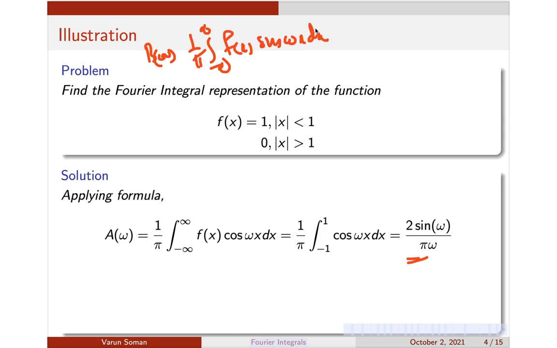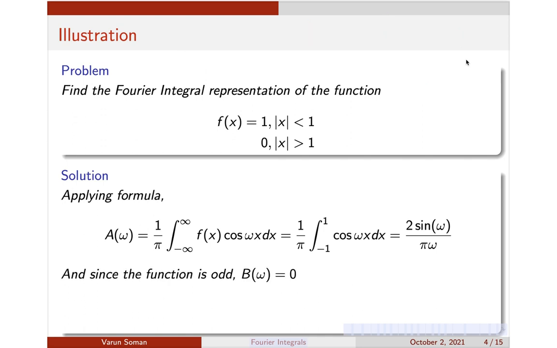Your f of x is only from minus 1 to 1, so it will be simply 1 by pi into integral minus 1 to 1 sine omega x dx, and sine is an odd function, so it will become 0 there. Or else you can also compute it directly, then also you will be getting 0. So your b omega was 0.